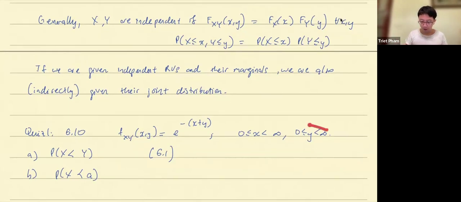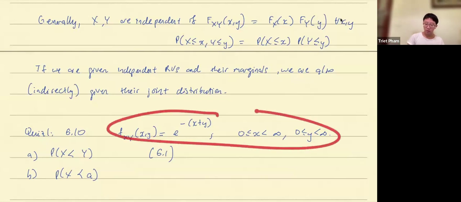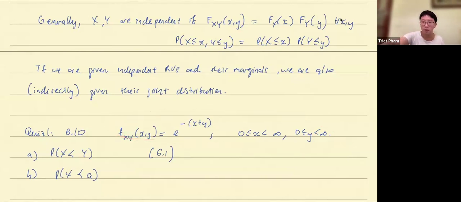For example, if you look at this density, what jumps to your attention? What is special about this joint density?